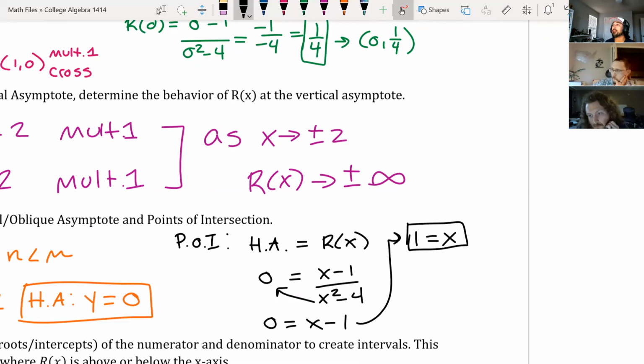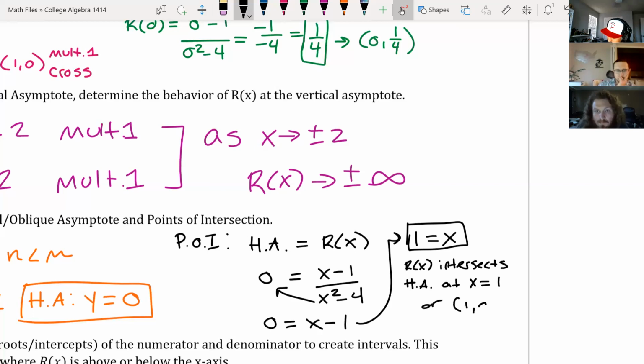This means that the horizontal asymptote and our function will intersect when x is equal to 1. So to put that in words, our function intersects the horizontal asymptote at x equals 1 or the point 1, 0.